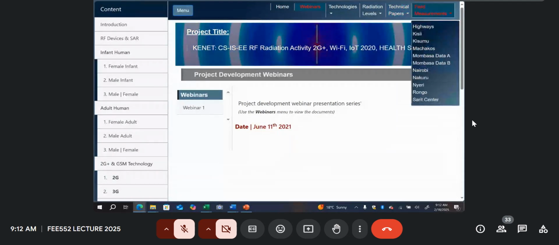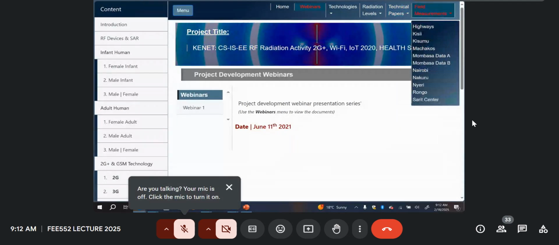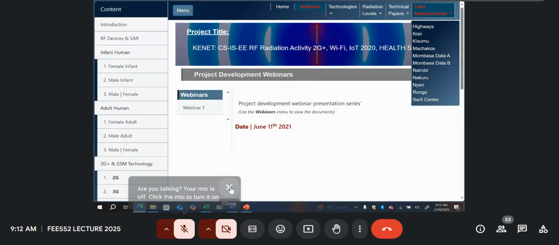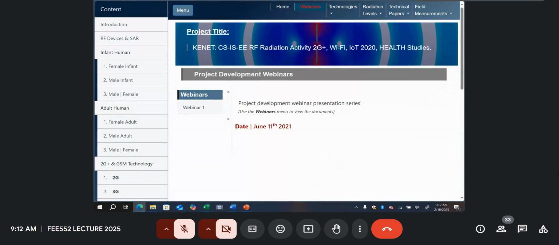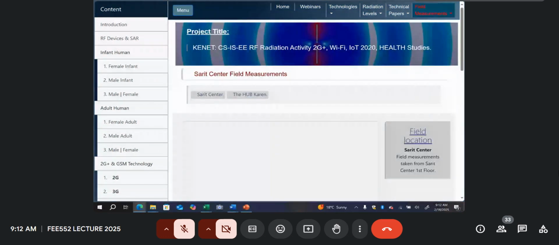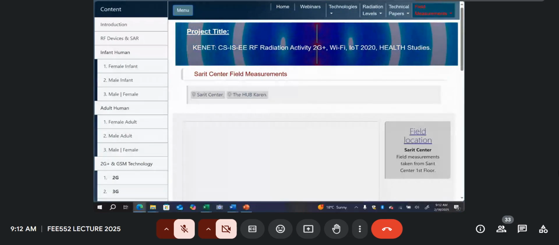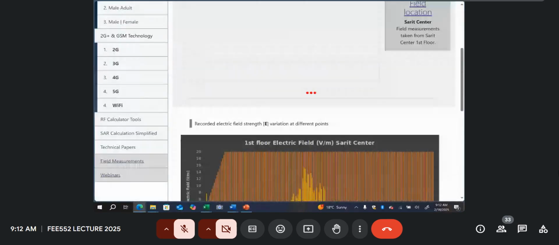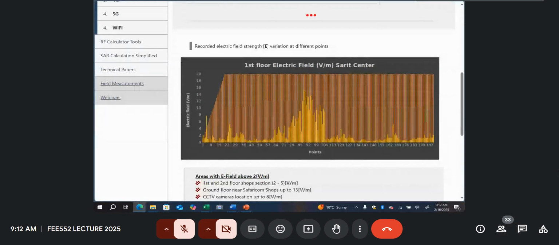Then the field measurements, you can see some of the samples there: highways, Kisii, Kisumu, Machakos, Mombasa, Nairobi, Nakuru, Nyeri, Rongo, Sarit Centre. Let's see if we can access Sarit. Okay. So you see somebody walked there on the first floor, the electric field, the Sarit Centre.